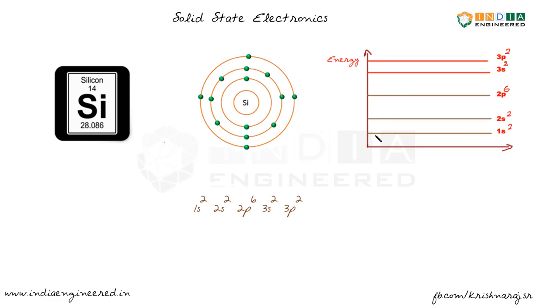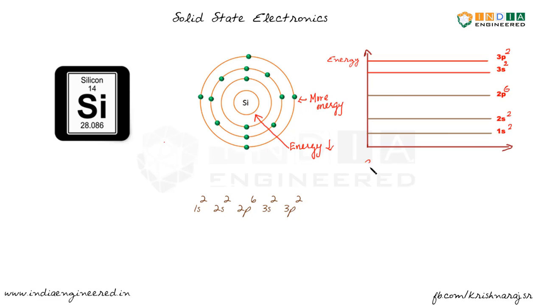Remember that this is not drawn to scale, but it shows that we have discrete energy levels, and as we move up the shells the energy increases. That means the electrons in the outermost shell have more energy, and as we go towards the center the energy of electrons decreases.